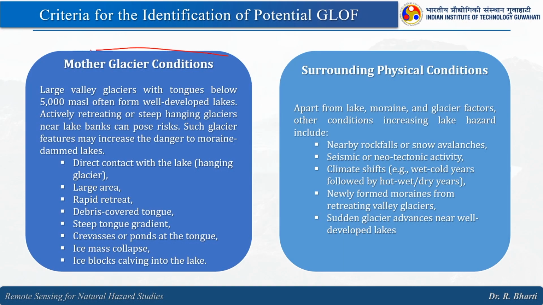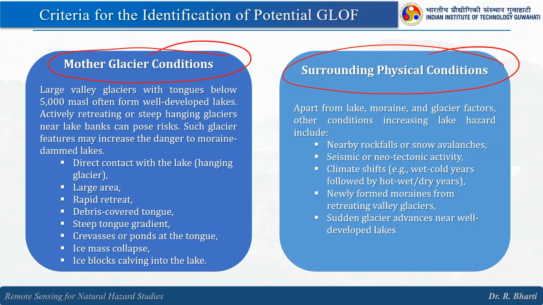The mother glacier condition, whether it is being impacted by climate change, because then you can expect more meltwater into the glacial lake. Then surrounding physical conditions: nearby rock falls or snow avalanches, seismicity or neotectonic activities, climate shift, newly formed moraines, and sudden glacier avalanches near well-developed lakes. That will trigger a GLOF event. So, these are the different criteria by which we evaluate the vulnerability of glacial lakes.